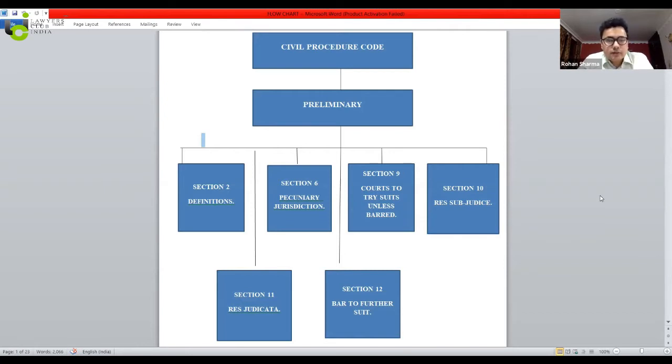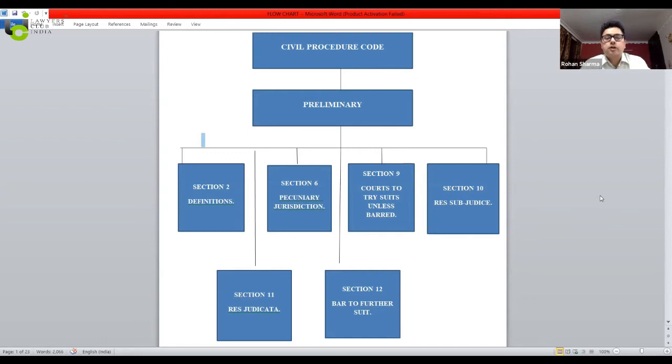Section 9, of course, comes to the aid of the court in conjunction with Section 6. Other sections in conjunction with Section 9 are Sections 10, 11, 12, which also offer some sort of bars to the court while they are hearing cases.